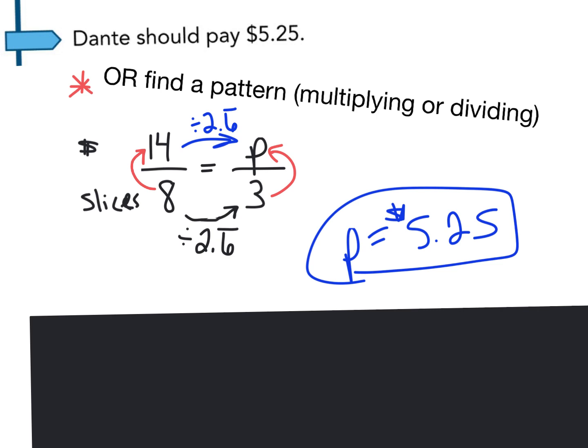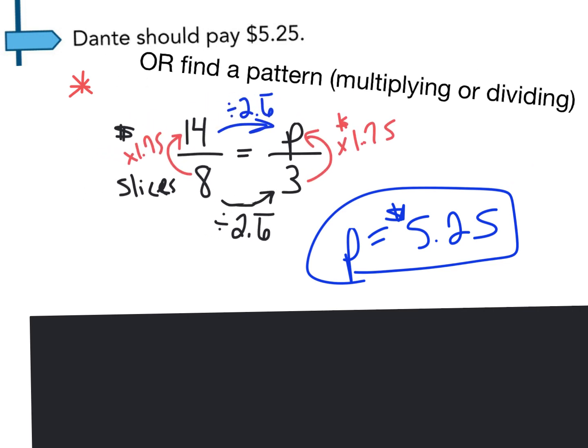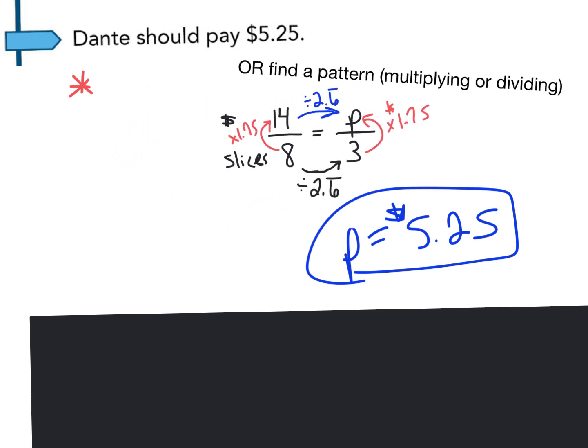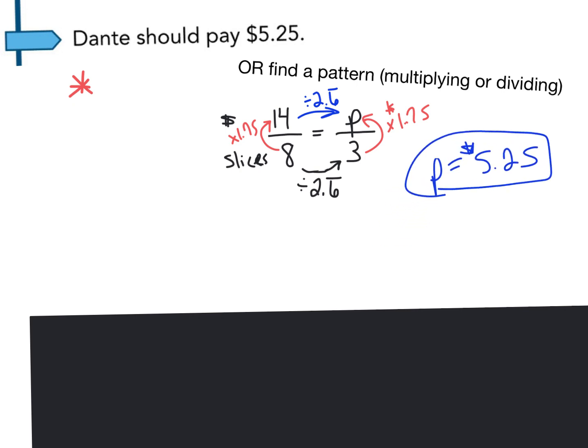And again, if we're going towards the variable, if we go from 8 to 14, that's getting bigger. That would be times 1.75. So over here, you would multiply by 1.75, and that would give you the price as well.